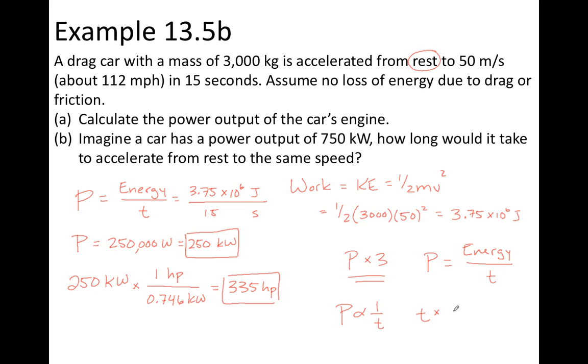If we increase by 3, we will multiply the time by 1/3. It took 15 seconds to go from rest to 50 meters per second with the original engine, so 1/3 of 15 seconds is 5 seconds. So increasing the power decreases the time for the same task.